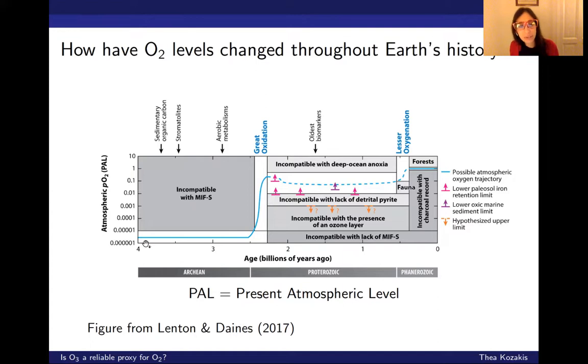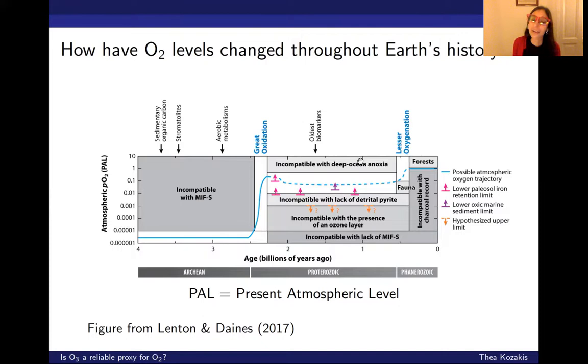So initially there was very little O2 in Earth's atmosphere until about 2.5 billion years ago. There was a big jump in O2, which we call the Great Oxidation Event. And after that, O2 people estimate could have jumped to between 1 and 10% of our present atmospheric level of oxygen. Also, for reference, our present atmospheric level for oxygen in Earth's atmosphere is that O2 is about 21% of our atmosphere.